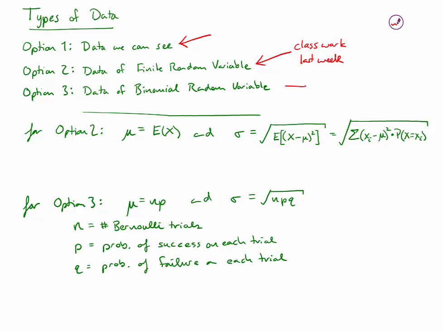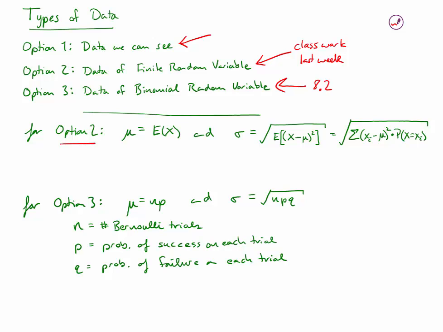And option 3, data of a binomial random variable. Binomial random variable, this is 8.2 in your textbook. Okay, and binomial random variables, you can see them listed down here, we'll talk about them. But it deals with Bernoulli trials, where there are only 2 possible outcomes, either a success or failure.